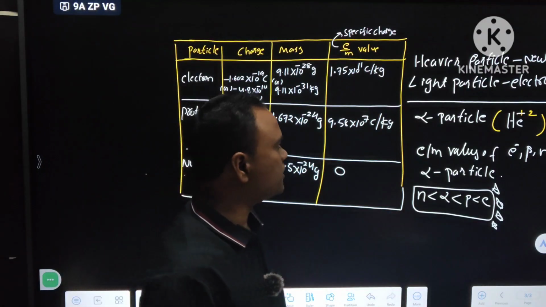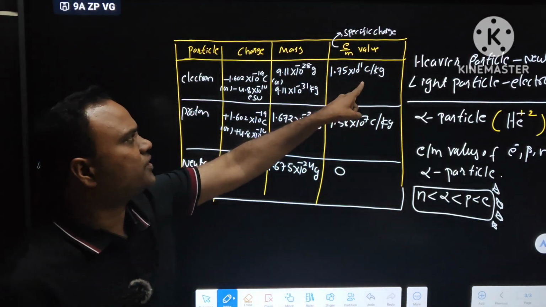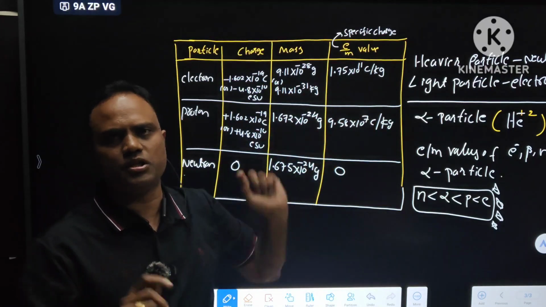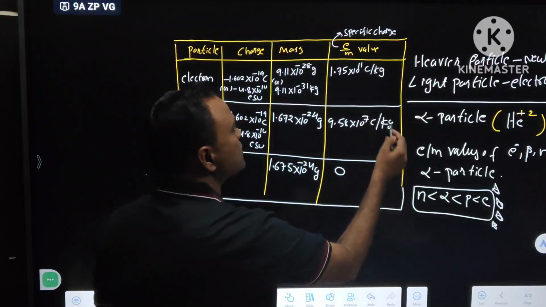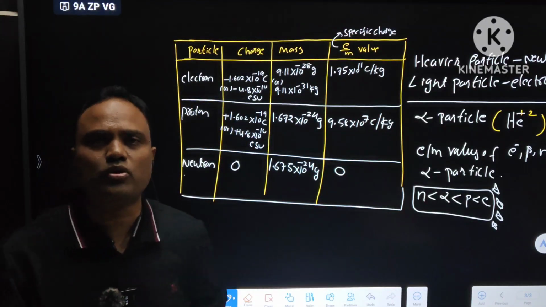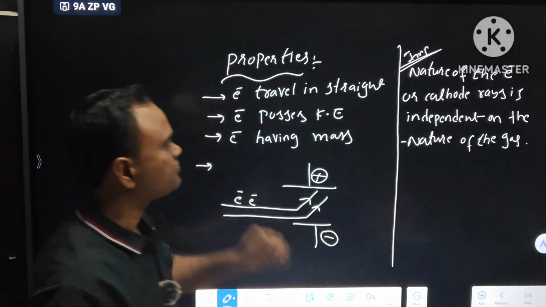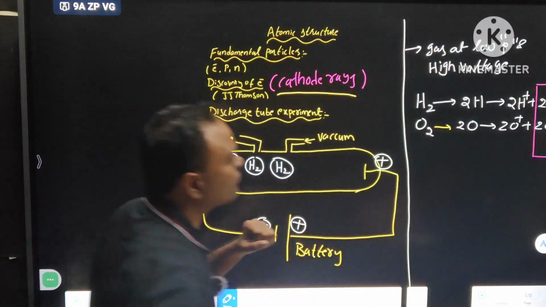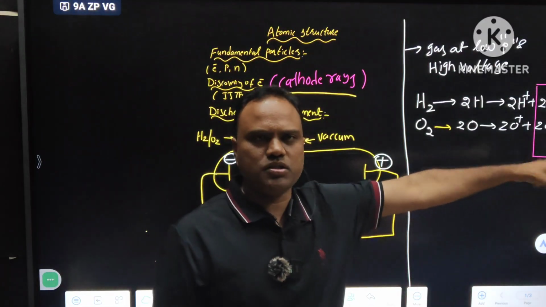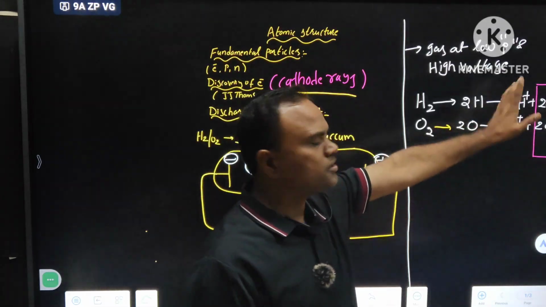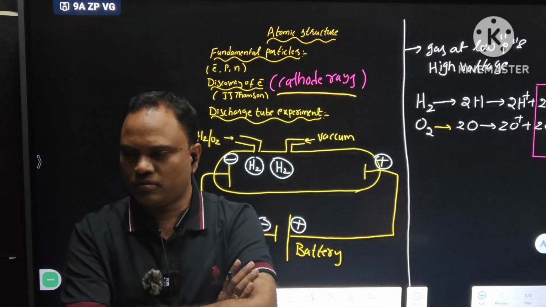One more important point I wanted to give you. The specific charge of the electron is independent of the nature of the gas present in the discharge tube. But the specific charge of the proton depends upon the gas present in the discharge tube. I will show you. Electron means negatively charged particle. Proton means positive.